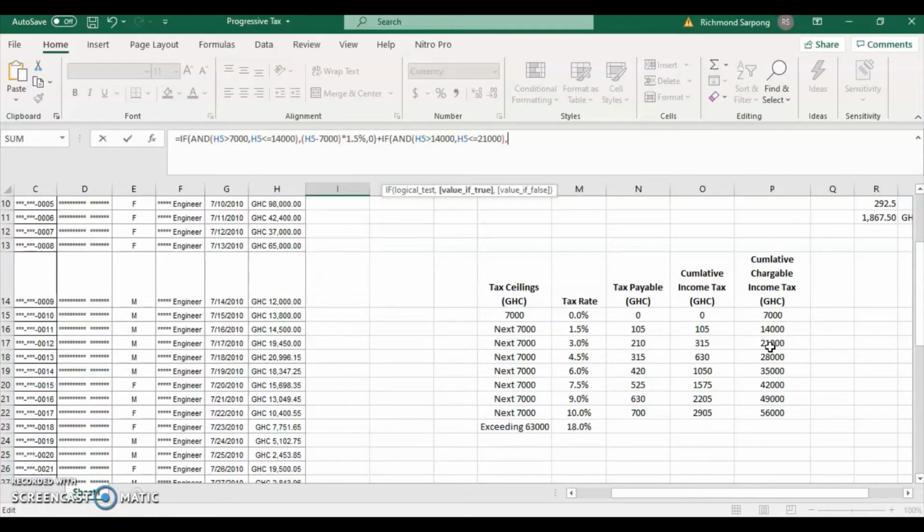Then into bracket H5 minus 14,000 multiply by, I'm in this threshold, multiply by 3%. Then this time around, I'll add the 105. Plus 105 equals 0.